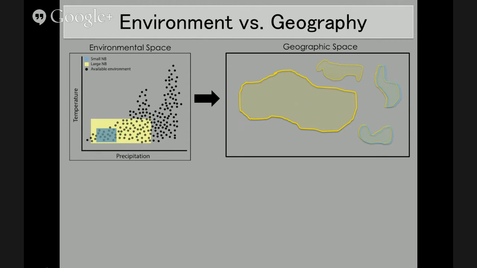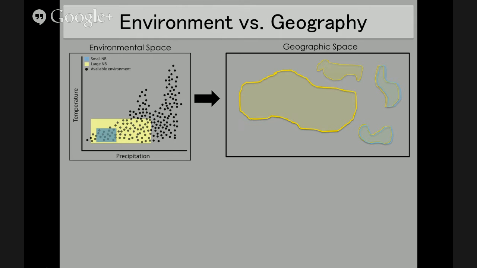So when thinking about how these variables interact to produce macroevolutionary patterns, we need to consider the difference between environmental space and geographic space. In our simulations, but also in the real world and how species interact with real climate change, a species possesses a particular set of environmental conditions that it can tolerate. These conditions may or may not be represented in geographic space.